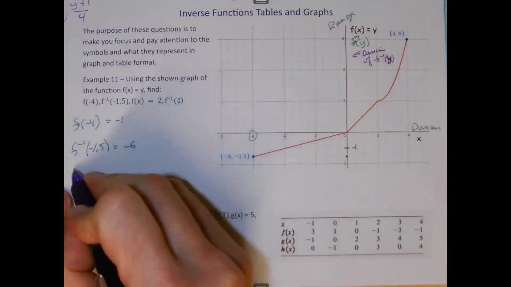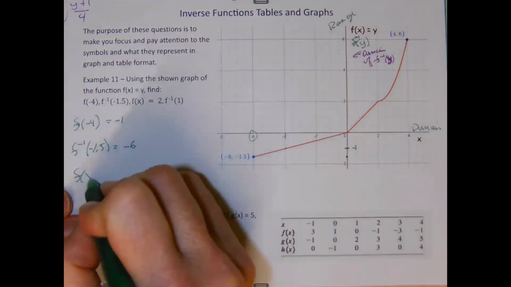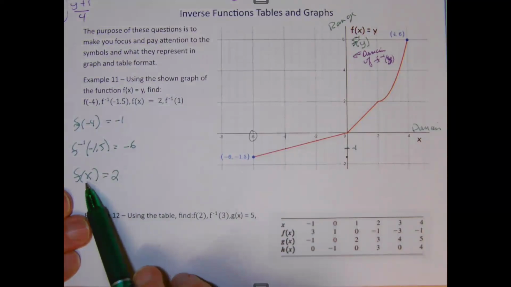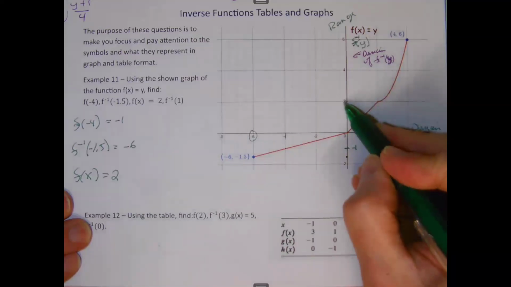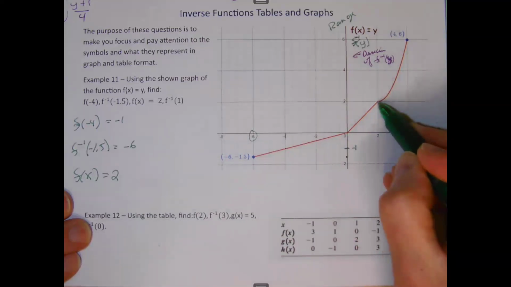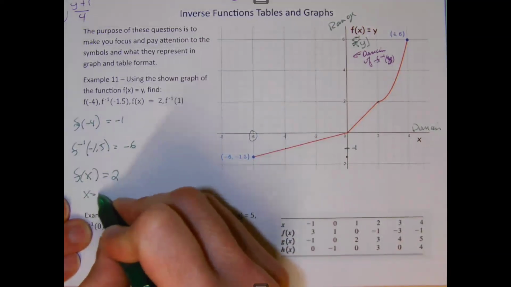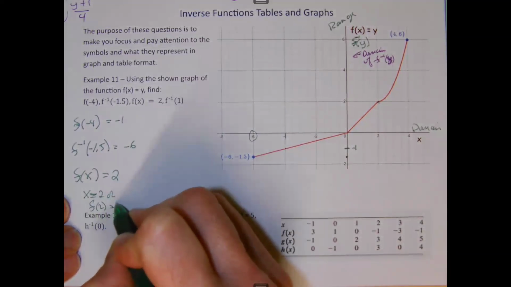What about this one? f of x equals 2. Again, all we're doing is making sure that we can read this. What object in the domain gives me an output of 2? I need to find 2 here, go down, and it's 2. So x equals 2, or f of 2 equals 2.